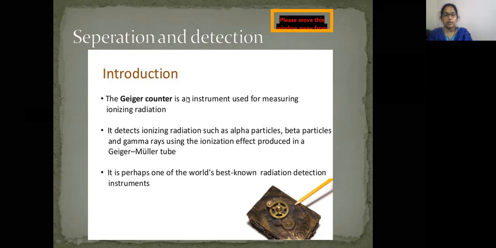So separate the constituents present in it, and after separating them you have to collect the compounds and go for detection of the radio labeled compound. After separation you will get different compounds.